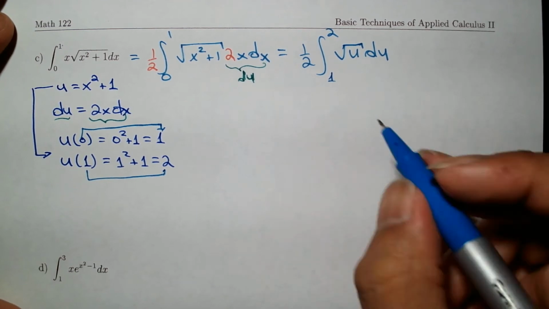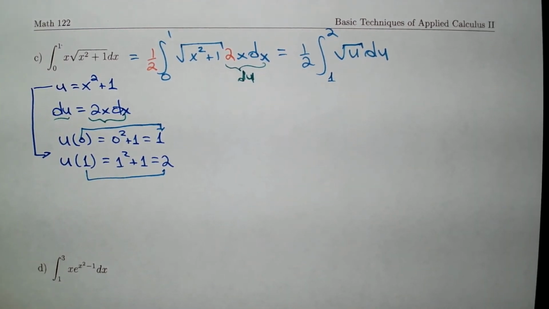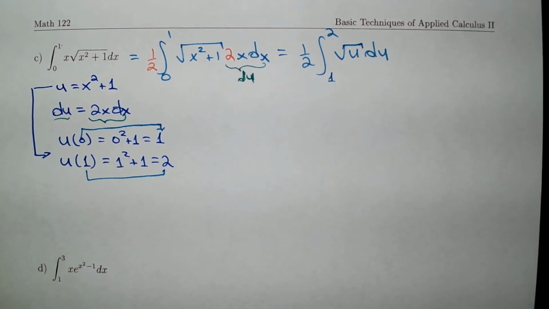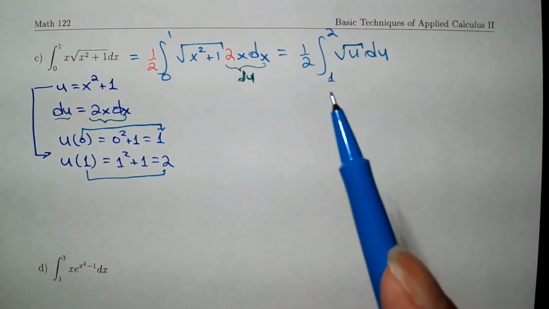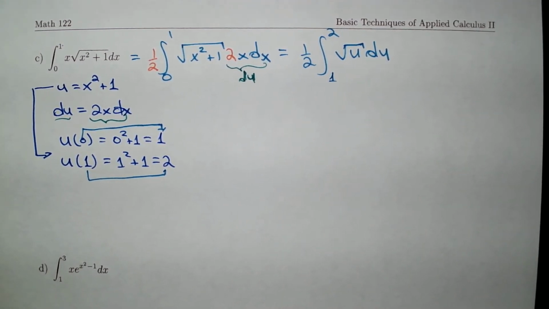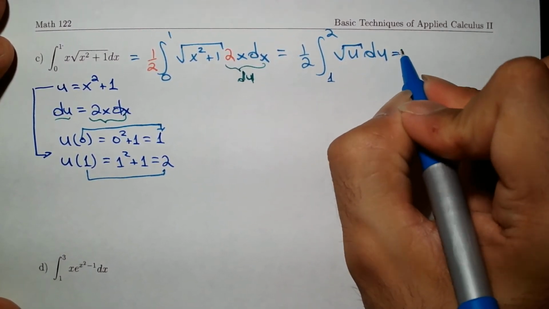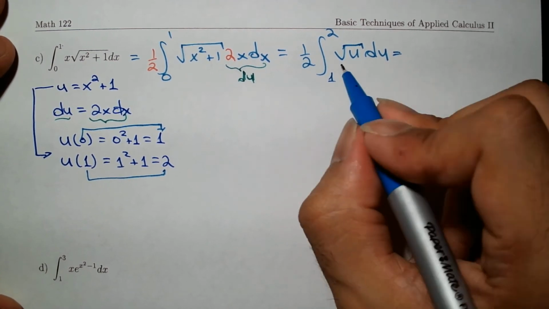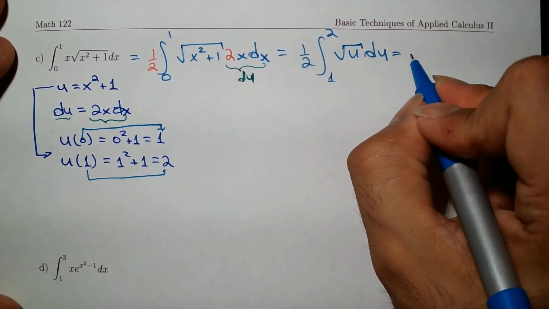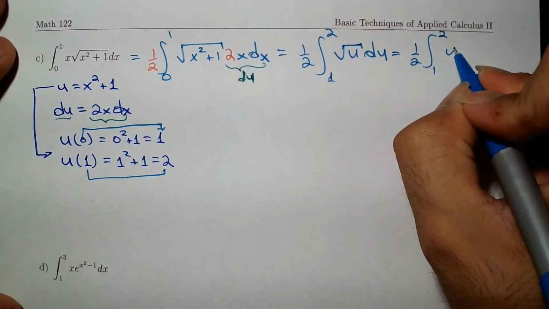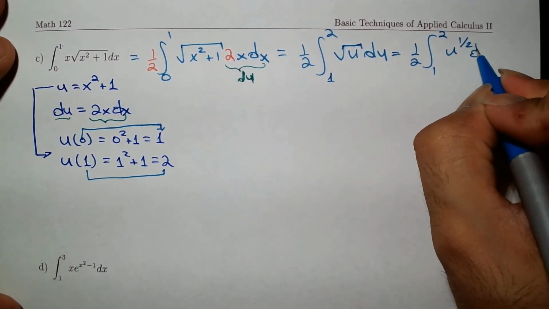Okay. Why do we do this? Because that's going to help us avoid tedious calculations when we do the back substitution. In fact, doing this will keep us from doing the back substitution and will help us save a lot of time. Okay, so let's do the integration. I cannot integrate the radical right away, so I'm going to change it to rational exponents.